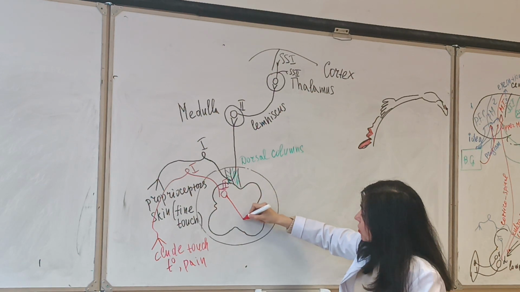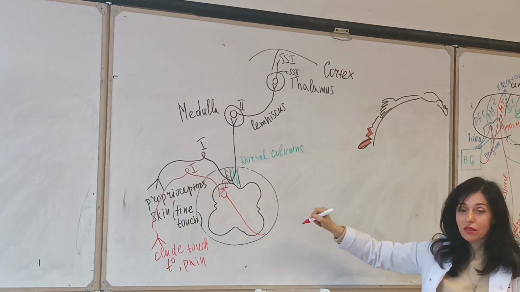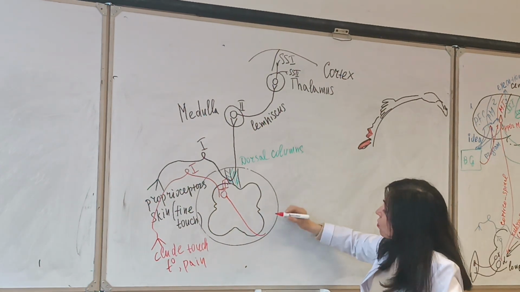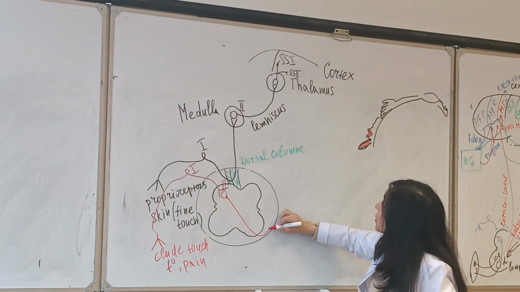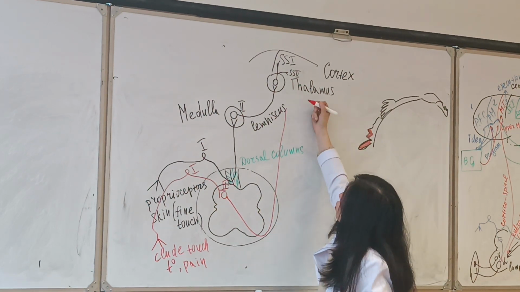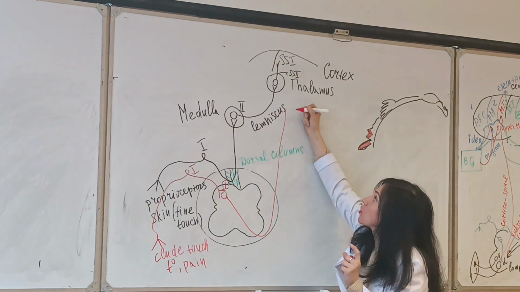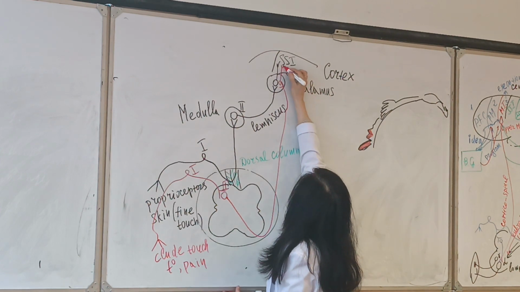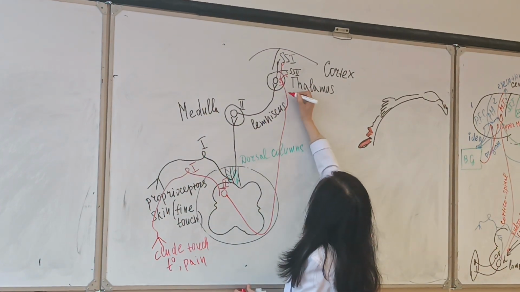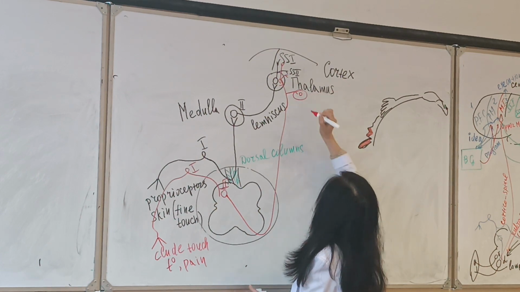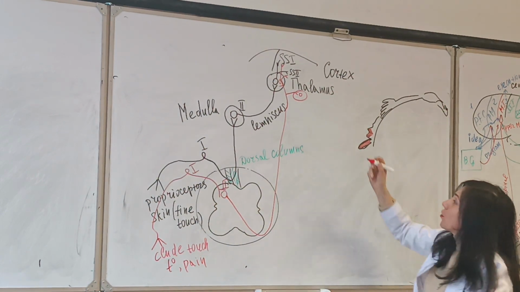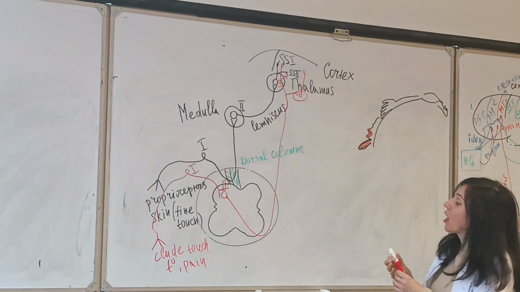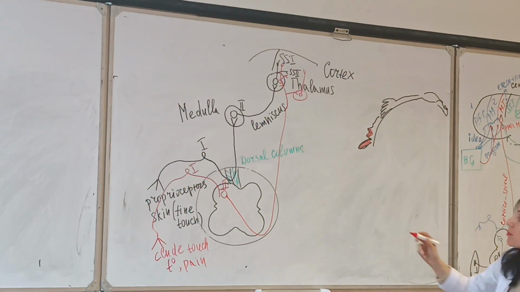Then fibers cross to the opposite side and go to thalamus, in 2 types of nuclei: specific, like lemniscus, and non-specific. From non-specific nuclei, it can be conveyed to associative areas.